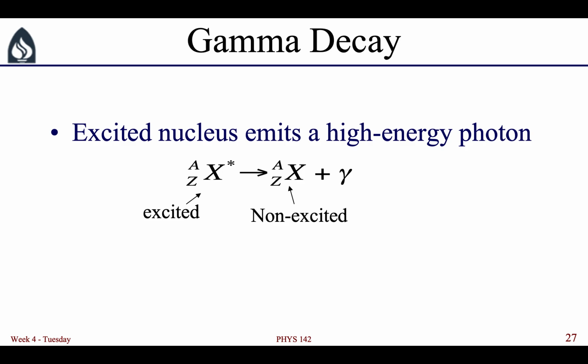So no particles are added to or subtracted from this nucleus. It remains the same, it's just not excited, and then the gamma ray photon is produced. This gamma here indicates that we're talking about a photon.